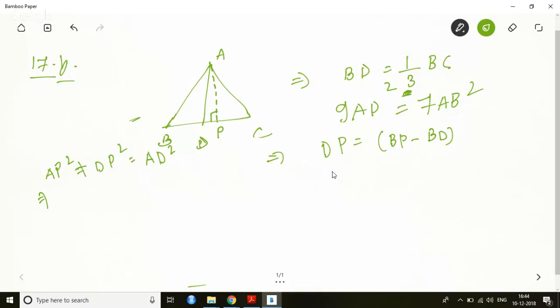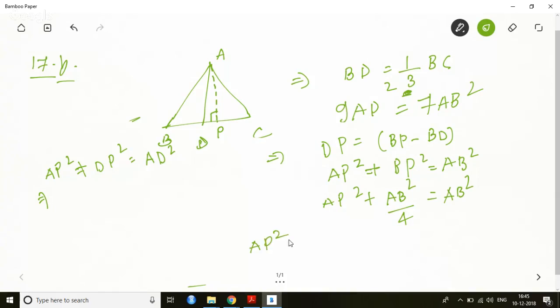And AP square can be written as AP square plus BP square is equal to AB square. So AP square, BP is how much? AB by 2. So AB square by 4 plus AP square is equal to AB square. So AP square is equal to 3AB square by 4.